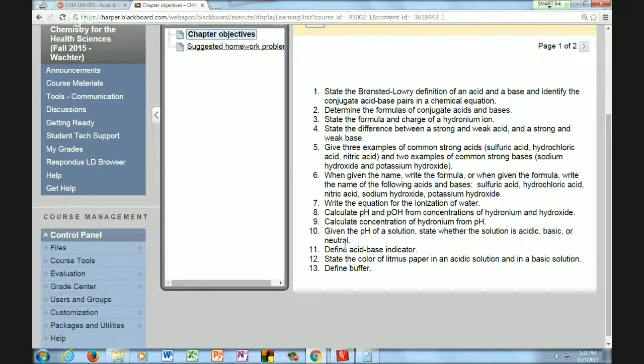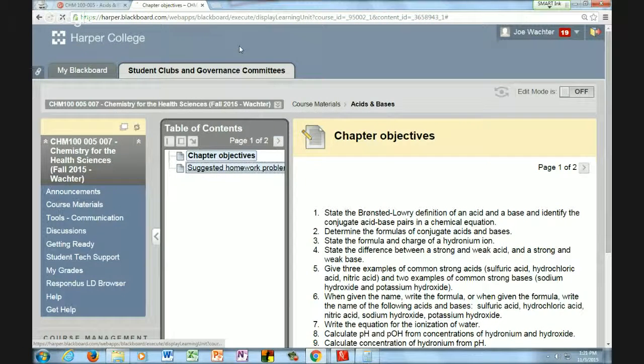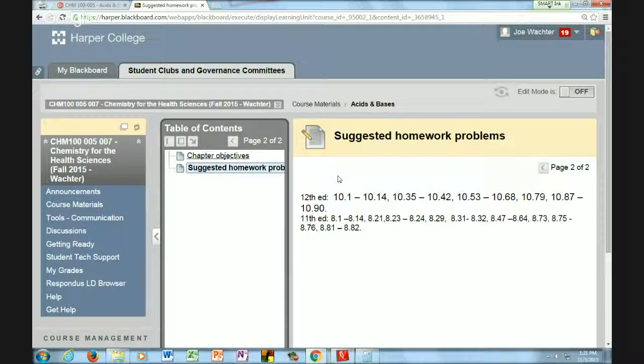Talk about an indicator, litmus paper, which we'll do in lab, and then a buffer. So you notice on that list, it doesn't say calculate amounts from a titration or something like that. So you won't have to do that. But these are the things you should be able to do. And if you look in your book, there's a nice list of homework problems in chapter 10 to practice that. So make sure you go through those before next Thursday when we'll do a quiz.